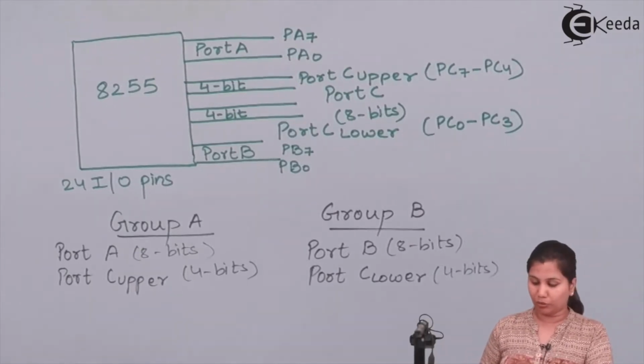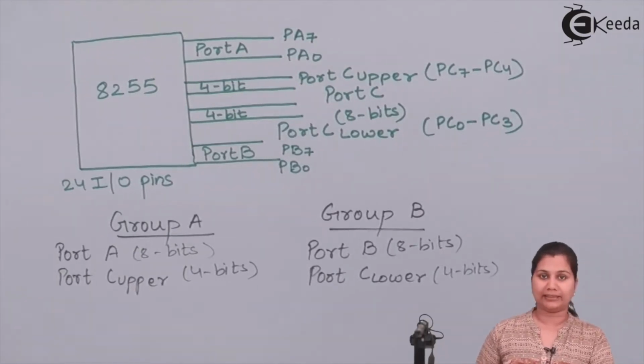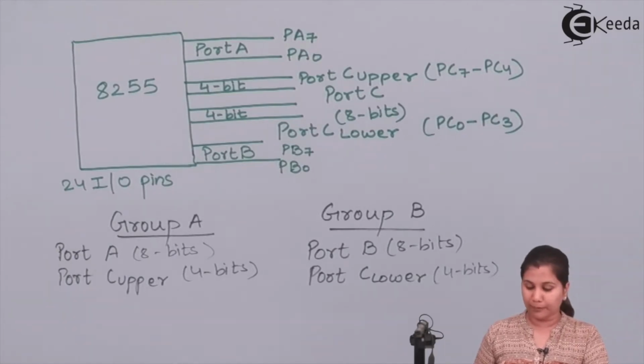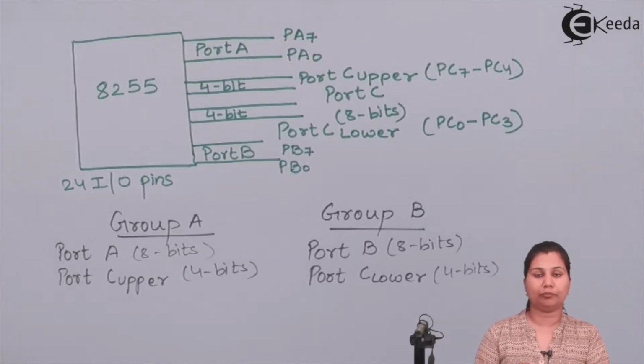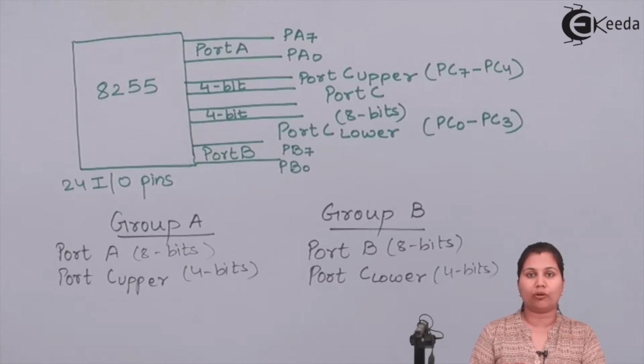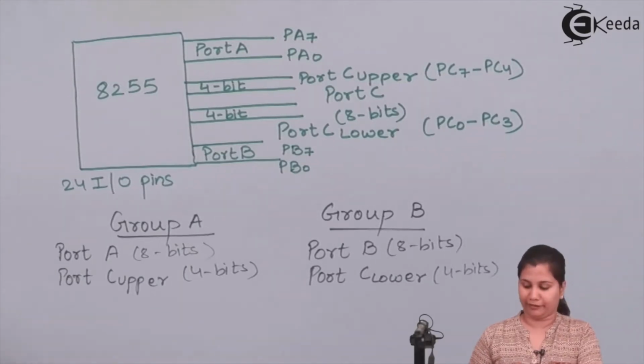Now each port can be programmed as either an input or an output port, and whether it will act as an input port or output port is decided by the control word of the 8255. This control word is written in the control register of the chip 8255.